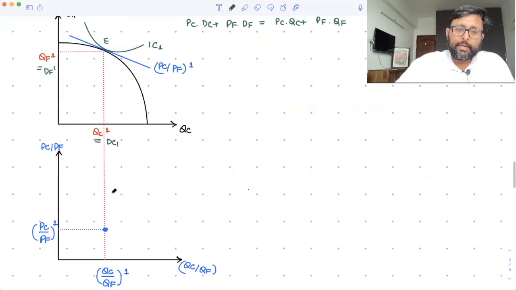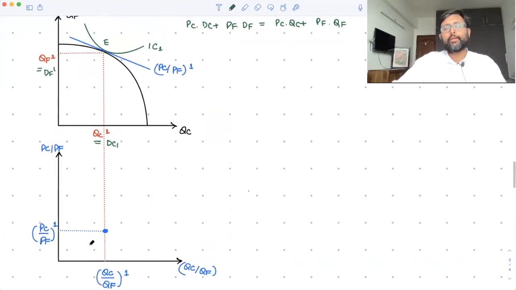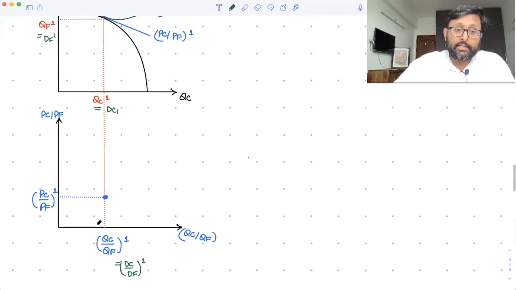So when PC by PF is this, at this point, when the economy is not trading at all, the demand and the supply are the same.